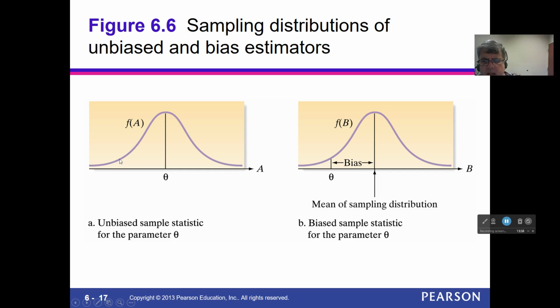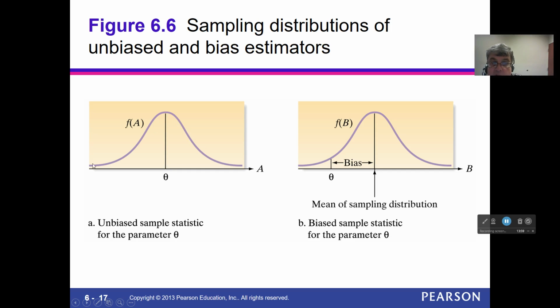Now, if we have an unbiased sample statistic for the parameter theta here, this could be a mean, whatever, then the sampling distribution should be evenly distributed, in this case a normal distribution, about that parameter, okay?